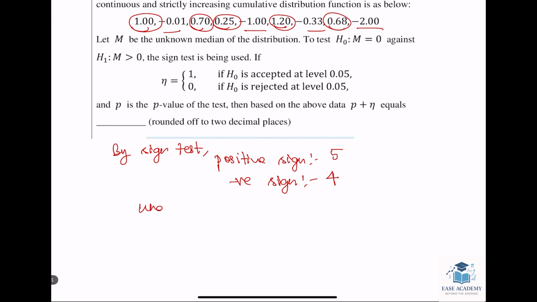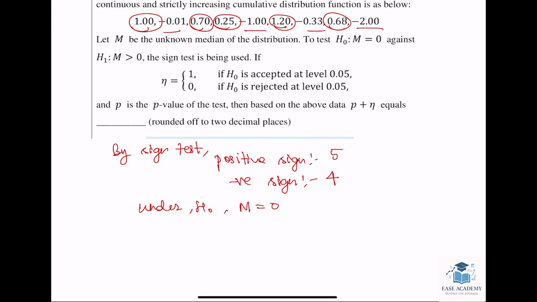Under H0 we can see m is equal to 0, that implies half of the observations are greater than 0 and half of them are less than 0. That means the positive and negative signs are equally likely.